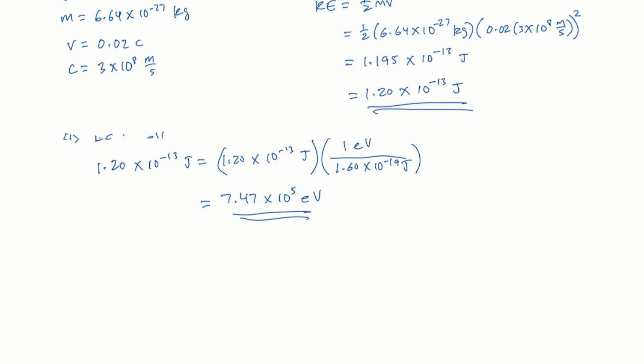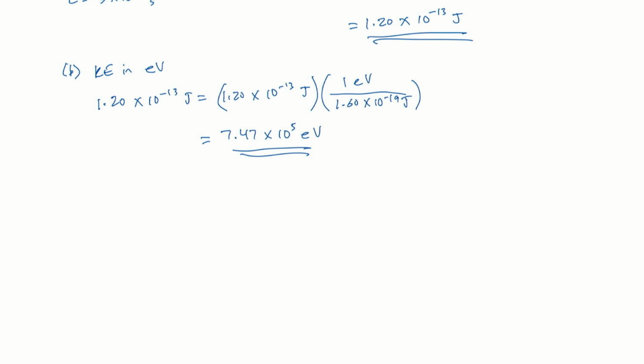Okay. And now part C, we want to know what is the voltage or potential difference. So we can think of this as starting with full potential. So all the energy is potential energy.